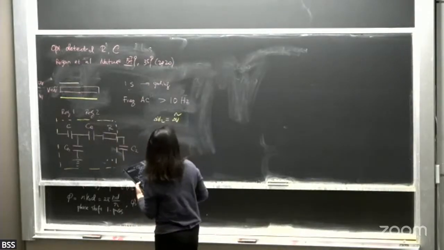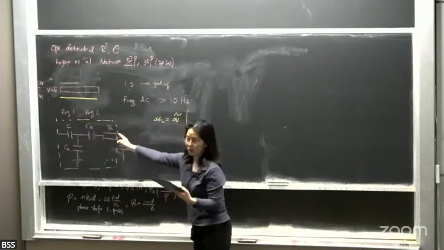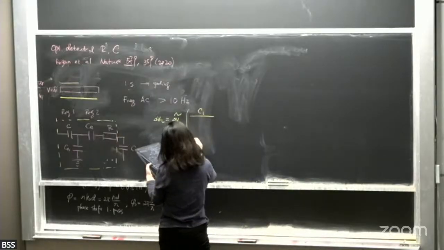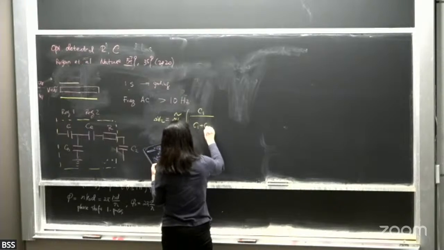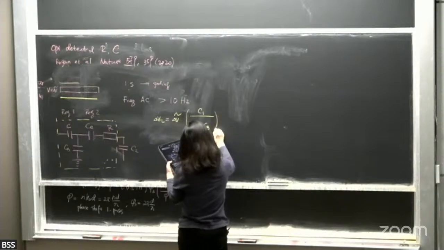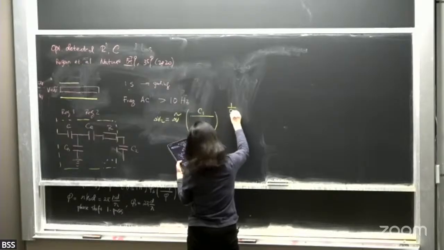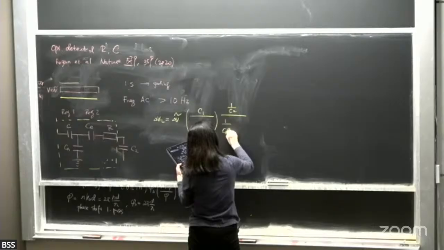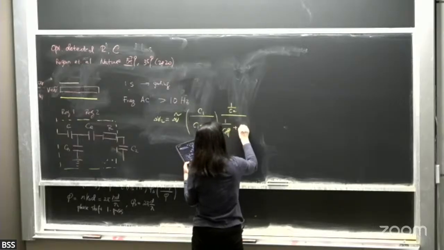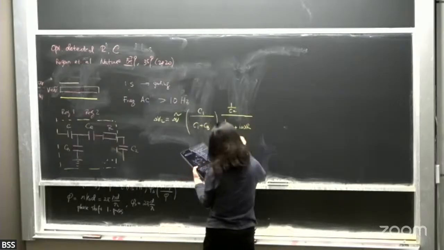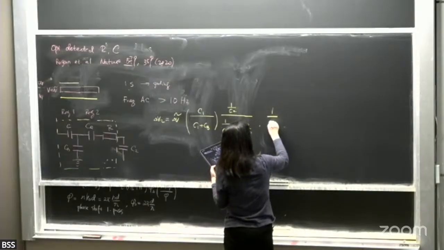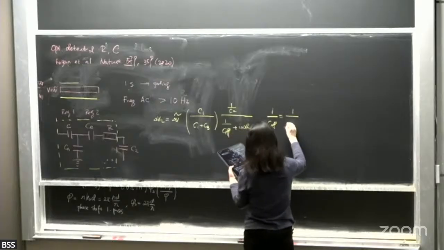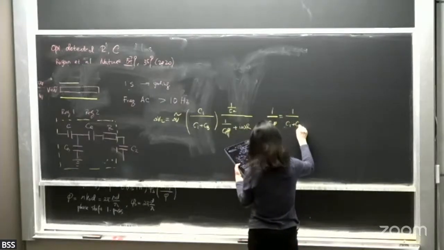And those parameters, if you solve this circuit, is something like C1 divided by C1 plus CB, 1 over C2, C effective plus i omega R. And where this C effective is C1 plus CB.